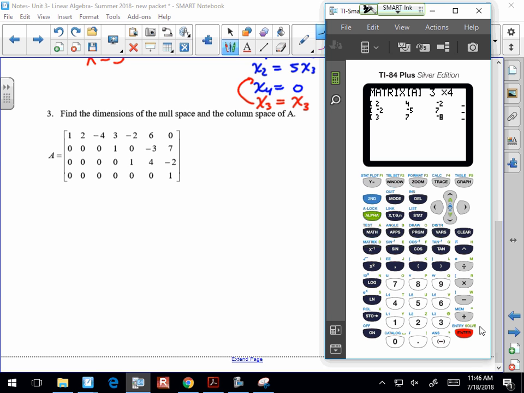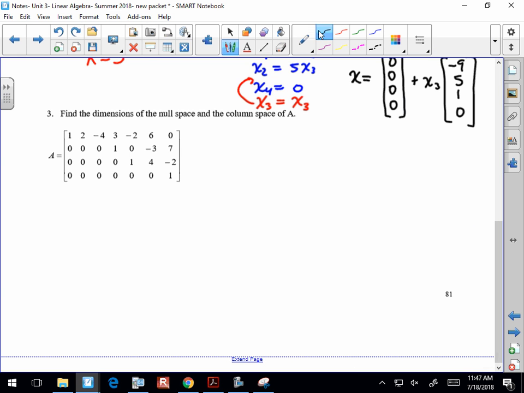Well, we just need the pivots, right? Right. We do have the pivots. So we could already state the dimensions of the column space and the null space.